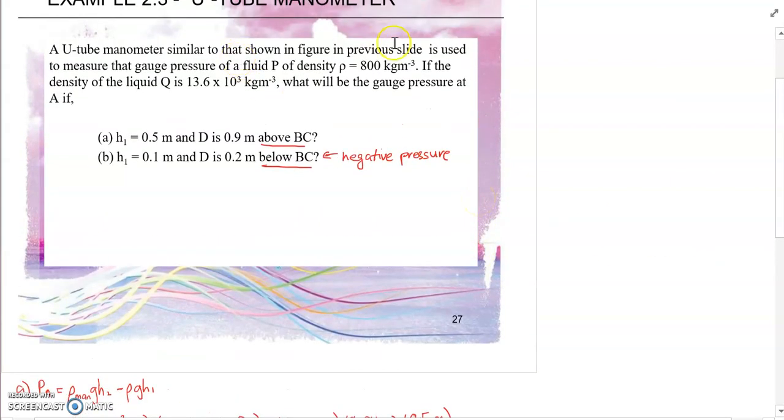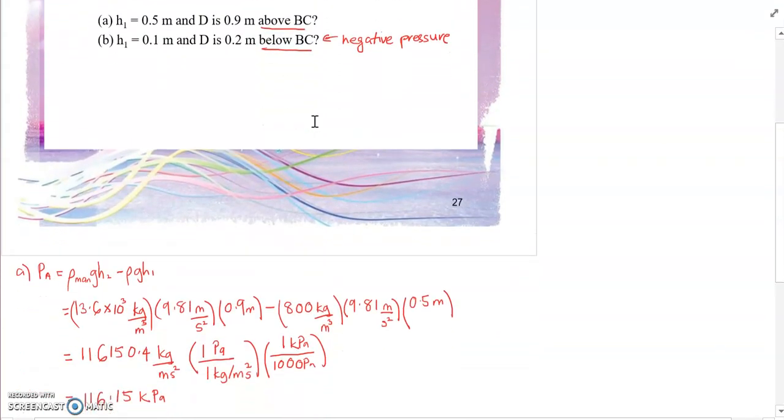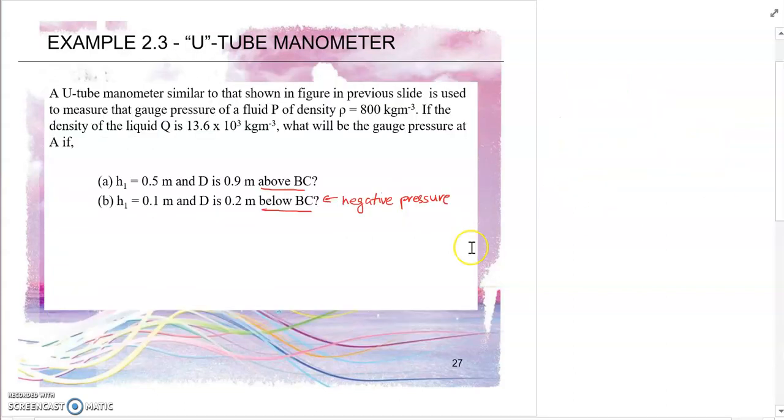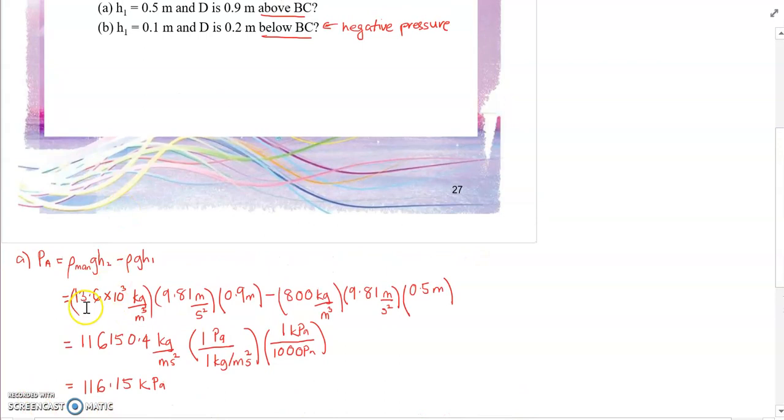Both are liquid, liquid P and liquid Q, so we can use this equation: PA equals to rho manometric fluid times G times H2 minus rho GH1. Alright.